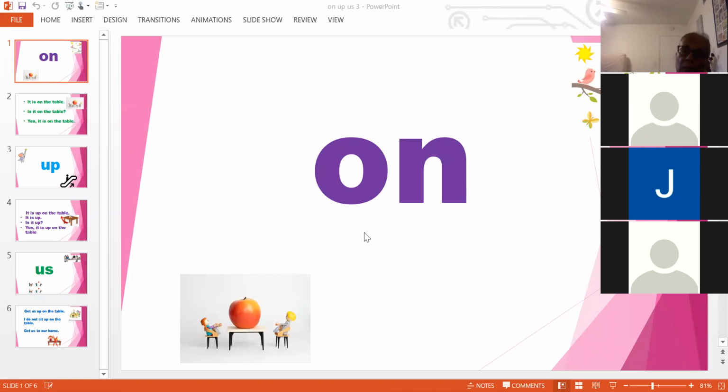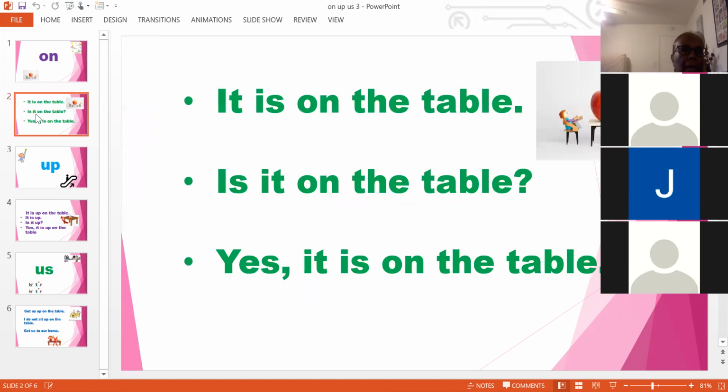Now they have done the words by themselves. We have it here with a picture on. In the next slide here, you have to tell them, let us say, you are going to use you, the parent or the teacher. Now the parent becomes the teacher in this case, okay? So you, the teacher, say the sentence for them to use the word in context. It is on the table.